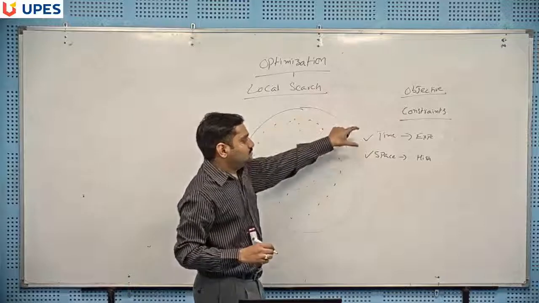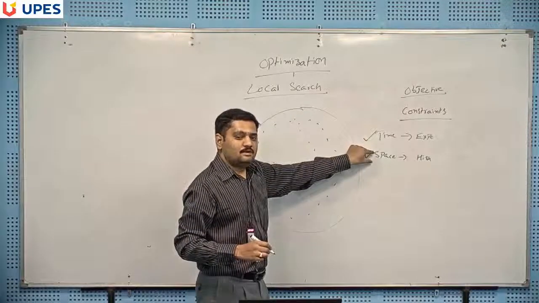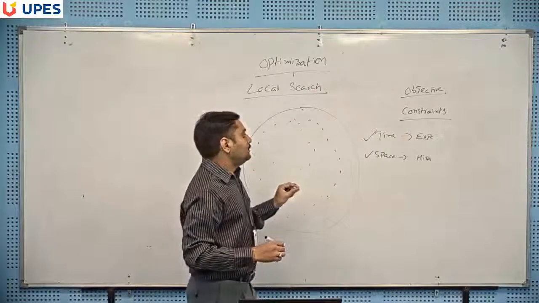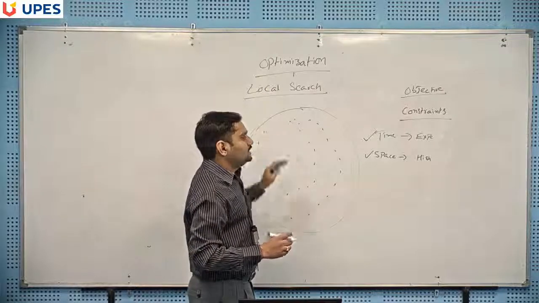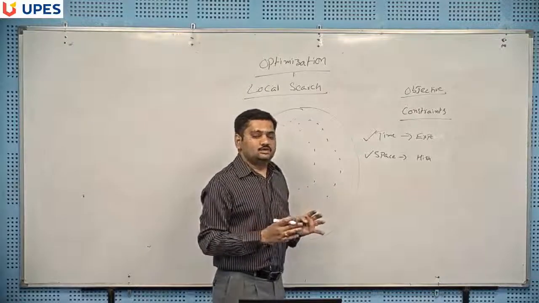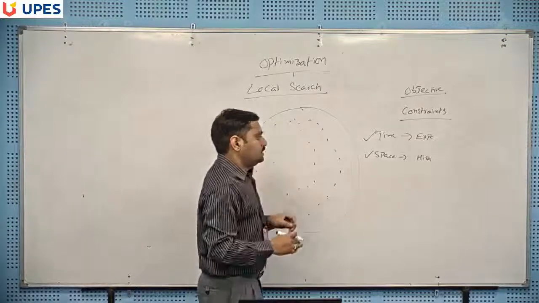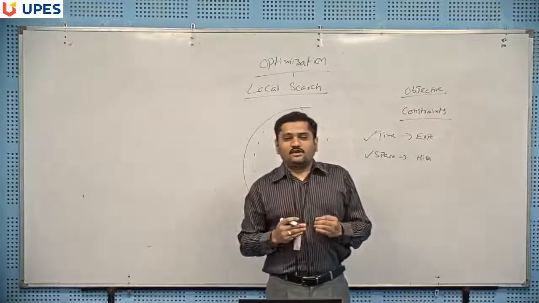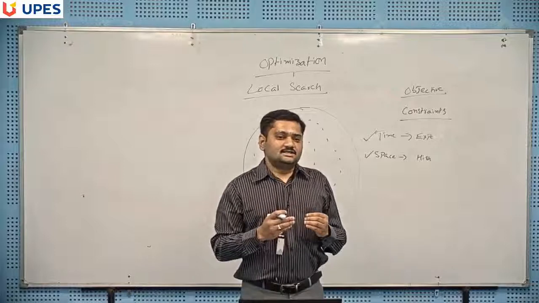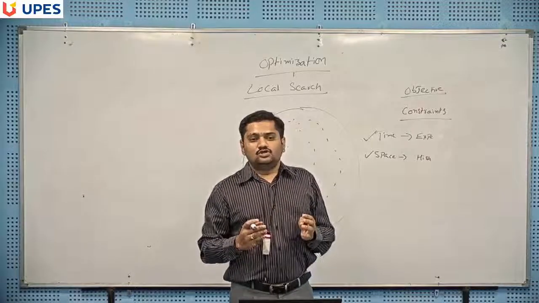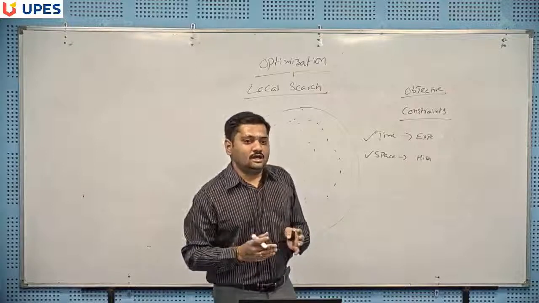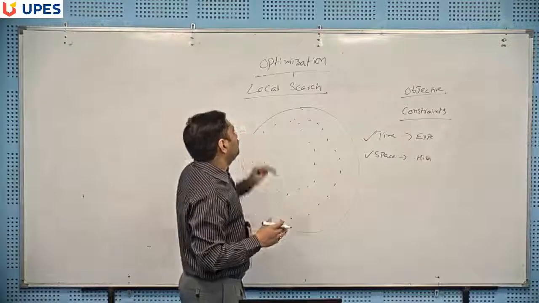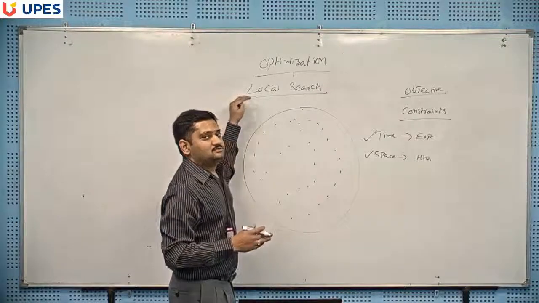In global search algorithms, time complexity and space complexity are high, but the solution is guaranteed to be optimal when compared with all other available solutions in the given search space. But if we want to solve a problem in a certain amount of time by utilizing a minimized search space, though the solution may not be the global best, it can be somewhere near the global best solution. In that scenario, we will go for local search algorithms.